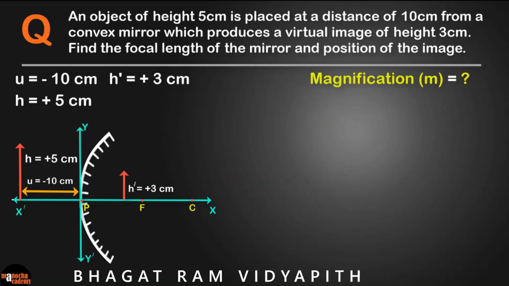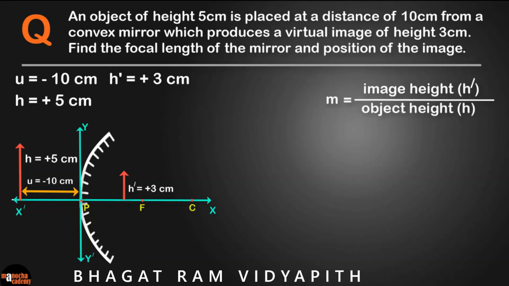First, let's find the magnification m using the object and image heights. m equals image height h dash divided by the object height h. Substituting the values, we get magnification as 3 by 5, which is equal to 0.6.